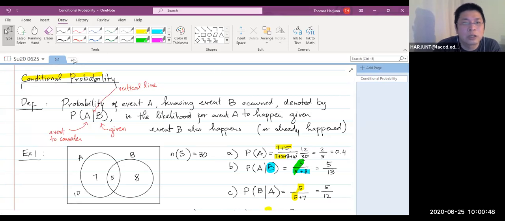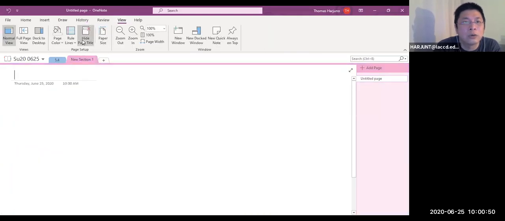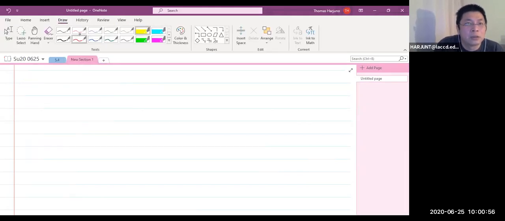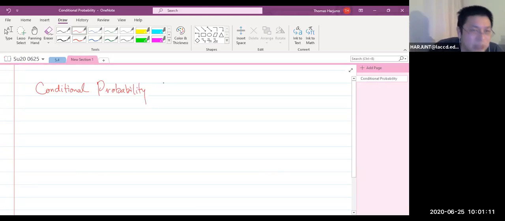Let me go to the next new slide so that I don't need to erase that later. The place that I stopped here is conditional probability, which happens to be the place I stopped in the spring right before we went remote learning.